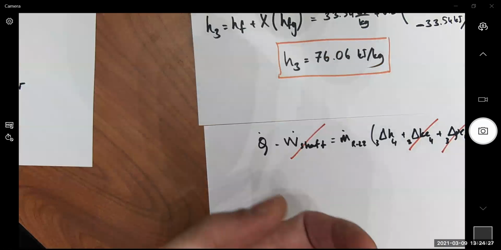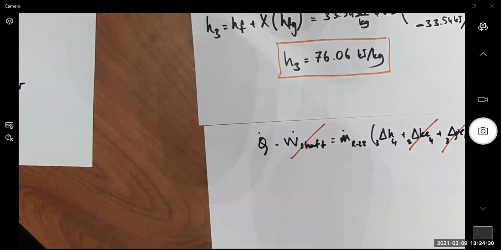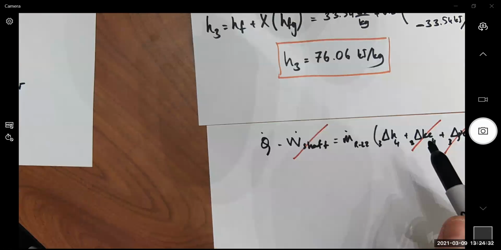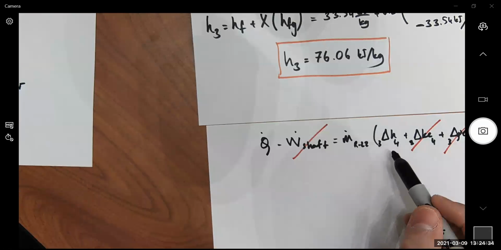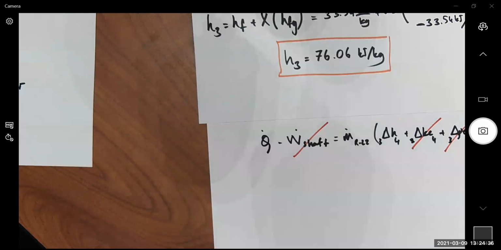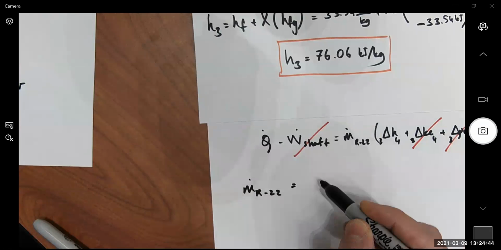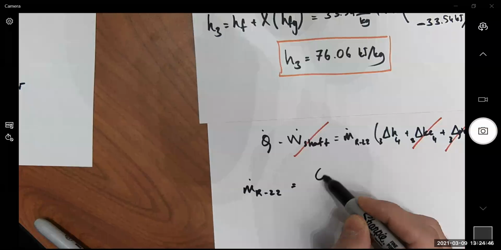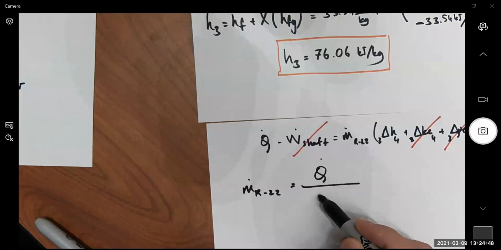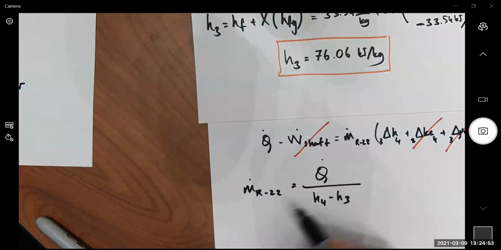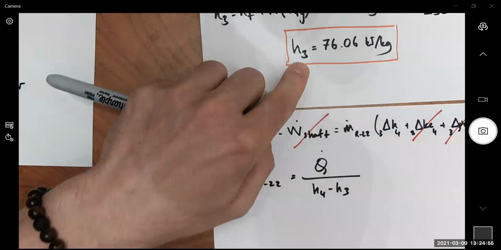I know my Q. I know my enthalpy difference. I should be able to calculate. And the flow rate from Q will be Q over delta H, which is H4 minus H3.